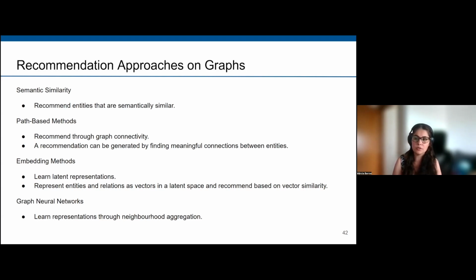We can use path-based methods, which recommend through graph connectivity, so our recommendation can be finding meaningful connections between the entities. We can have embedding methods, which learn latent representations and represent the entities and the relations as vectors. It will recommend based on this vector similarity, and it's very useful for collaborative filtering. And there are graph neural networks, which learn the representation through neighbor aggregation.